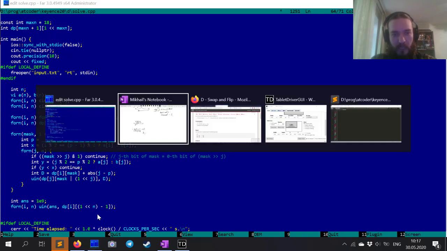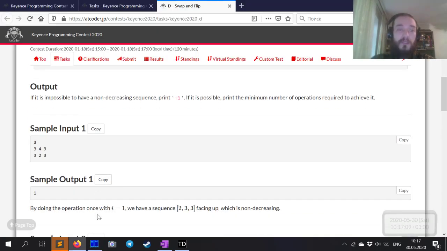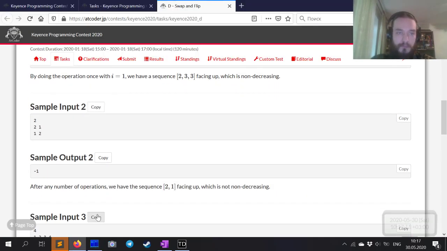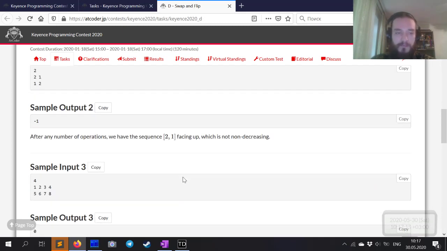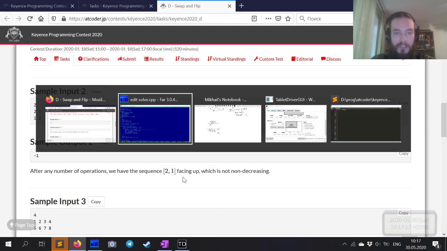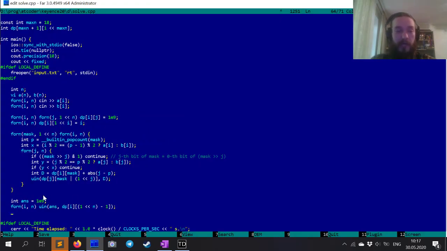All right. It could also be the case then that we don't have an answer. Minus 1, for example. It could be that there is no answer, in which case our answer is going to just be infinity. So if the answer is either infinity or some small number like 100.